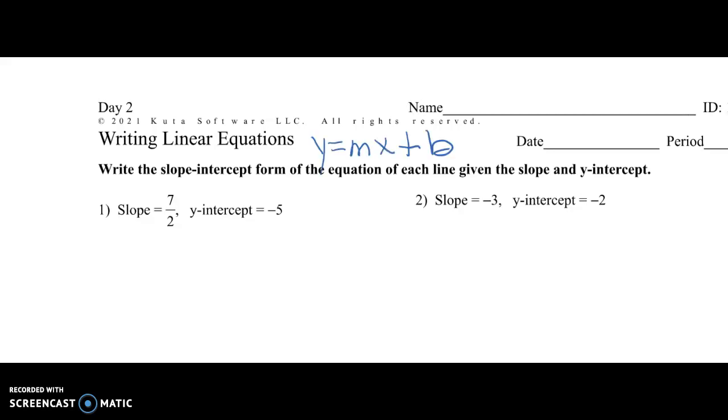Alright, again, slope-intercept form is y equals mx plus b, where the variable m represents the slope, and the variable b represents the location on the y-axis where the line crosses.